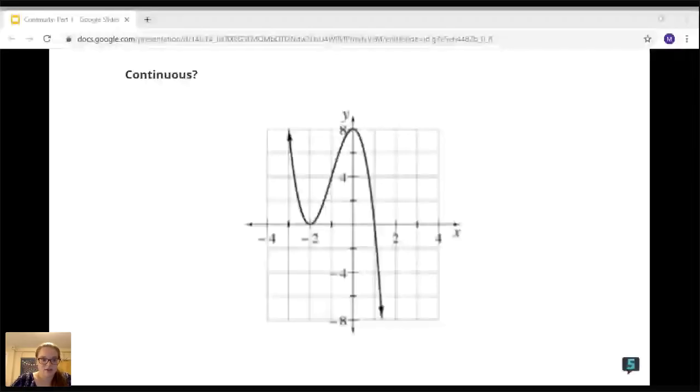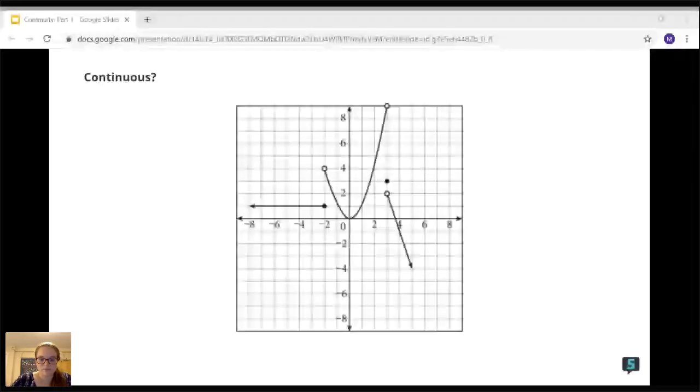What do we think? Is this continuous? Okay, good. Answers are starting to come in.